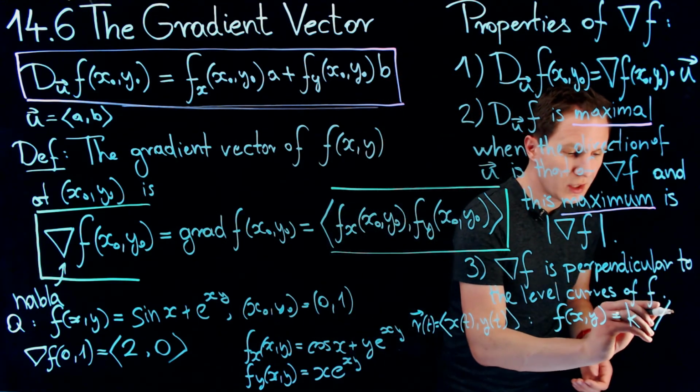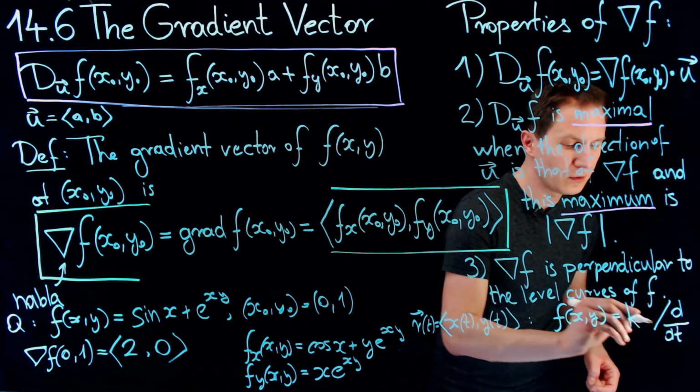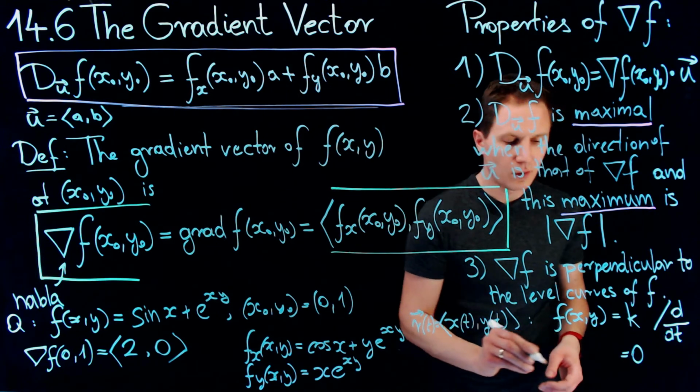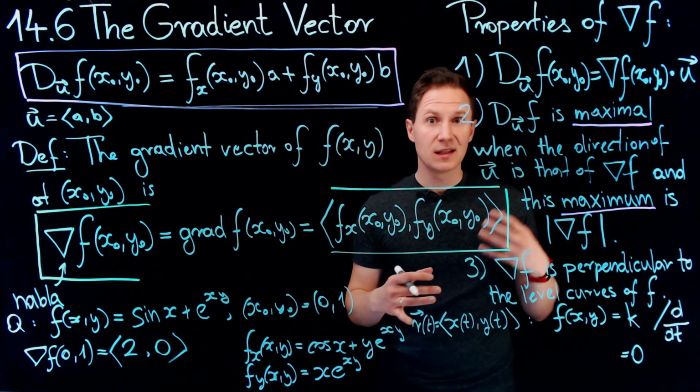Now, if we differentiate this equation with respect to t, the parameter t, of course, on the right-hand side we get 0. On the left-hand side we have f depending on x(t) and y(t).